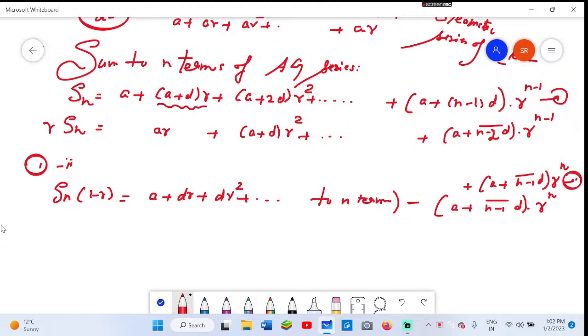So therefore Sn, I am supposing r to be not equal to 1.